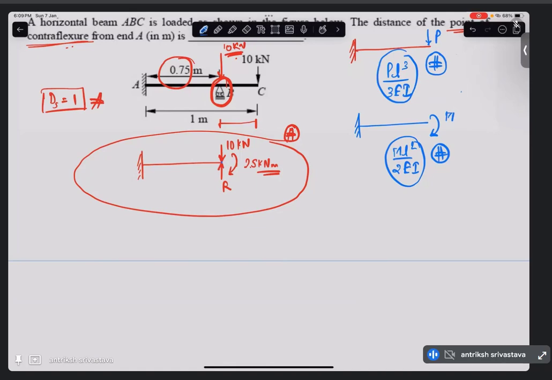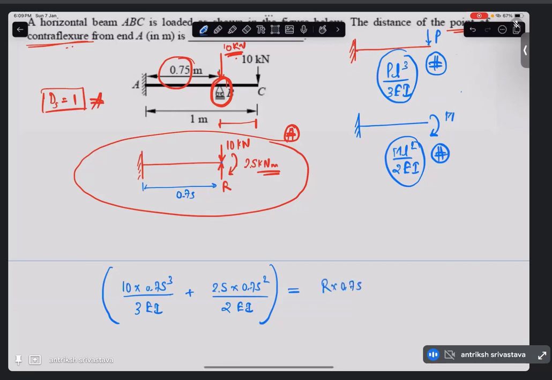So then we can write 10 into 0.75³ divided by 3EI, plus the moment 2.5 into 0.75² divided by 2EI. This downward movement from these two forces is going to be equal to the upward movement from this reaction itself. It's going to be R into 0.75³ divided by 3EI.